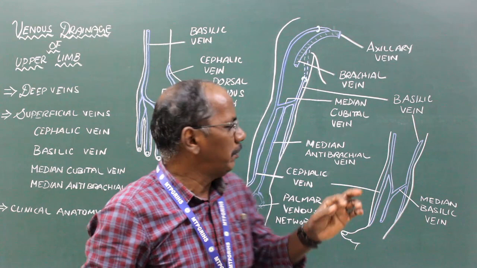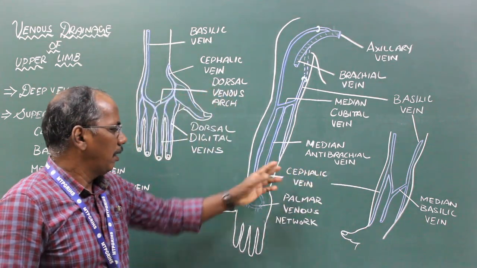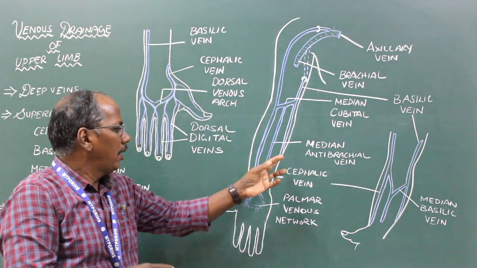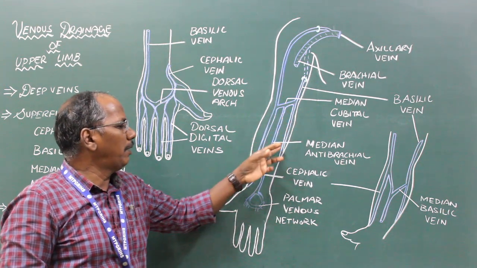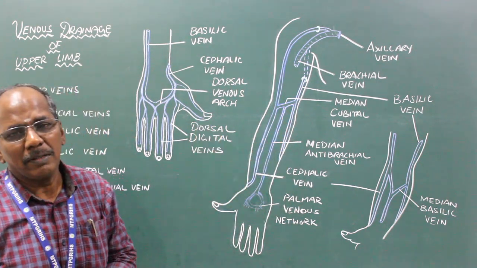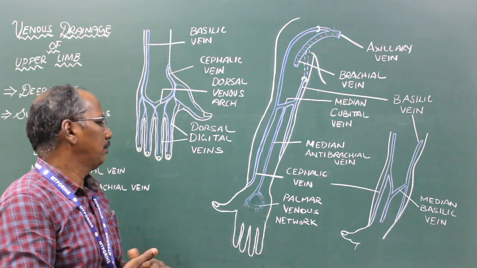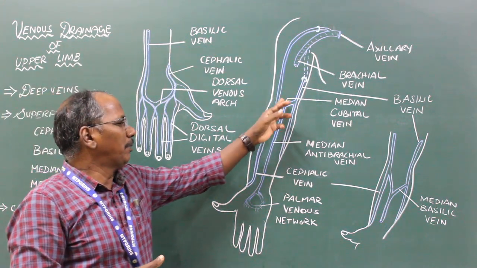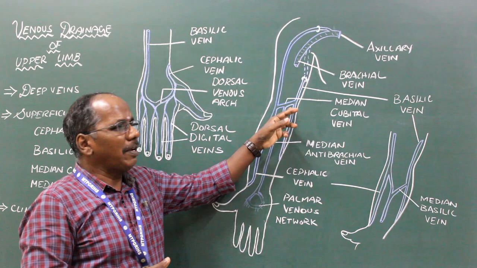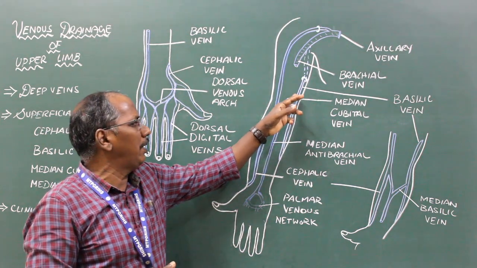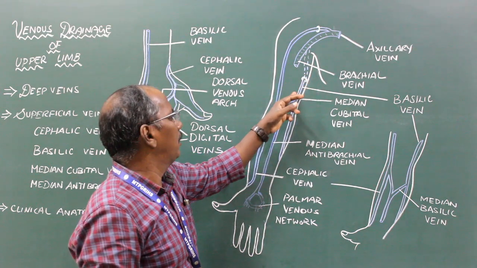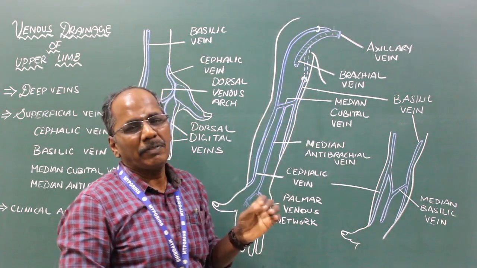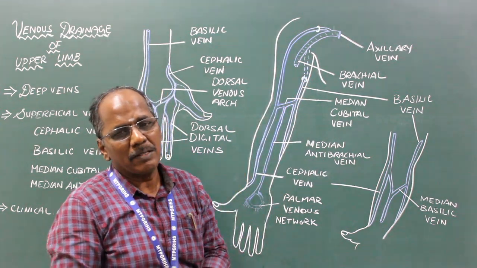At about the middle of the forearm, it winds and ascends on the medial margin of the anterior aspect of forearm. In the cubital fossa, it is present anteriorly and it runs in the arm along the medial margin of biceps brachii muscle.